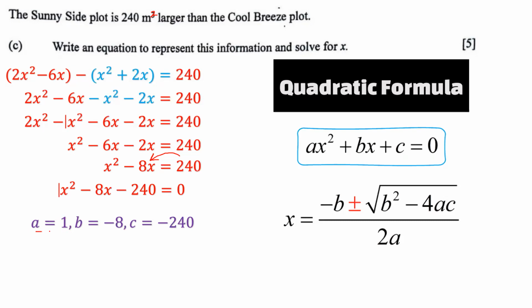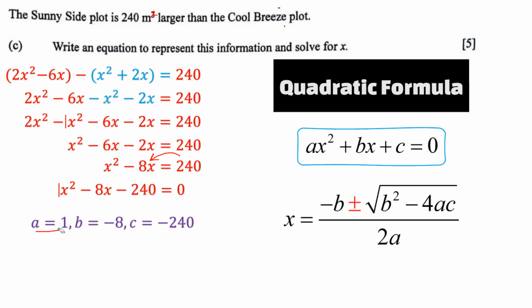So A is 1. B is negative 8 because remember, B is the coefficient in front of x, right? We also know that C is negative 240, because C is the constant. So A is 1 because it's the coefficient of x squared. B is negative 8 because it's the coefficient of x. And C is negative 240.